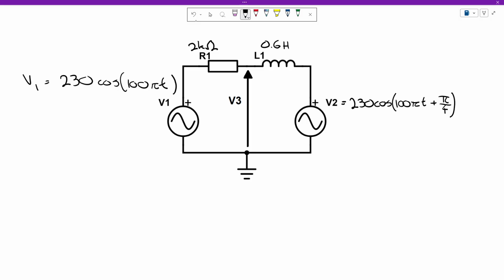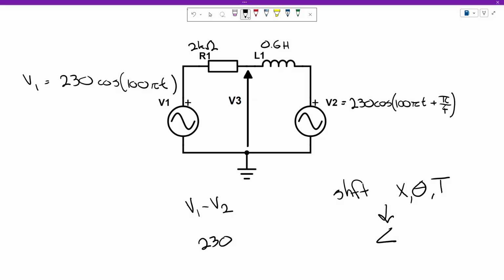So the first thing we want to do is get the total voltage over R1 and L1. And this will be V1 minus V2, because V2 starts positive, that way you can take it away instead of adding. Type 30, then shift, then X, theta, T, and this will get you the angle symbol, allowing you to write a number and then an angle.